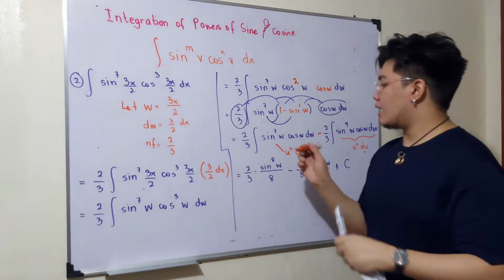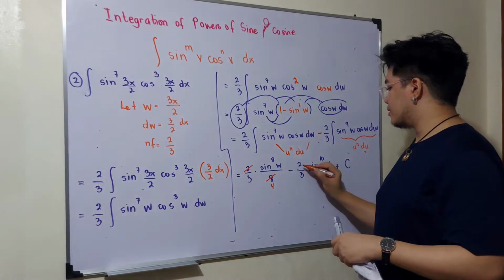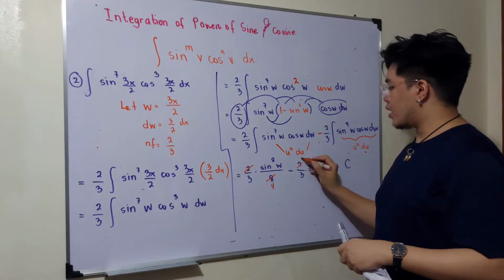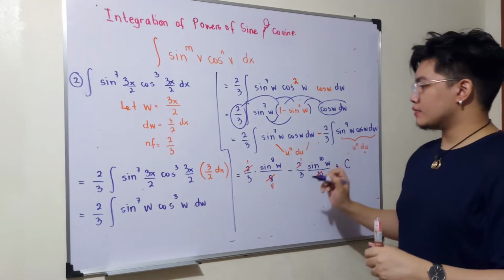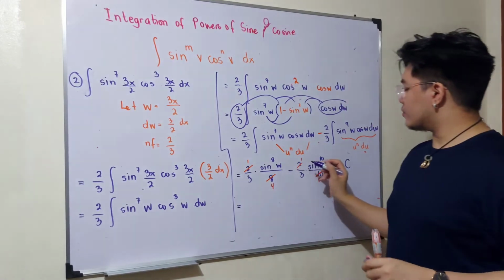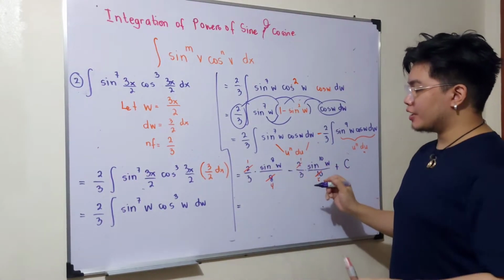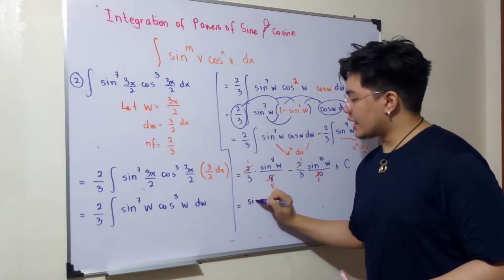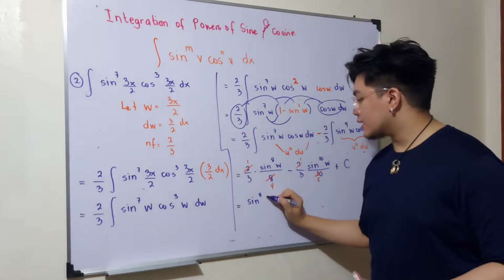Okay, simplify tayo dito. 4, 5, 1 to 1. Okay? At the same time, yung sine raised to 8W pwede natin ilabas kasi common factor yon. Tapos, ilagay na rin natin yung value ng W, which is 3x over 2.